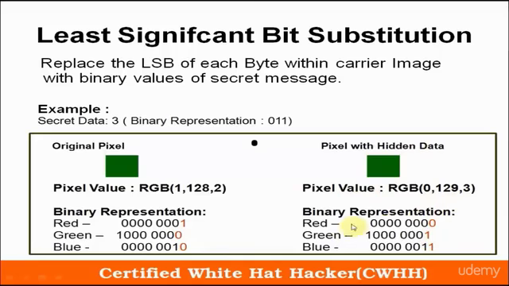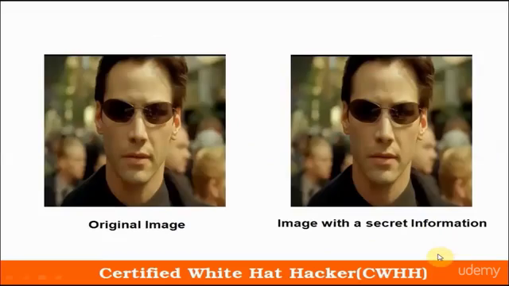So I have changed the bits from 1 to 0, from 0 to 1, and from 0 again to 1. And 0, 1, 1, if you convert it back to an integer, is 3. That way I have hidden the message 3 using the binary representation 0, 1, 1. So this is what image steganography is. There is no difference between the two images.